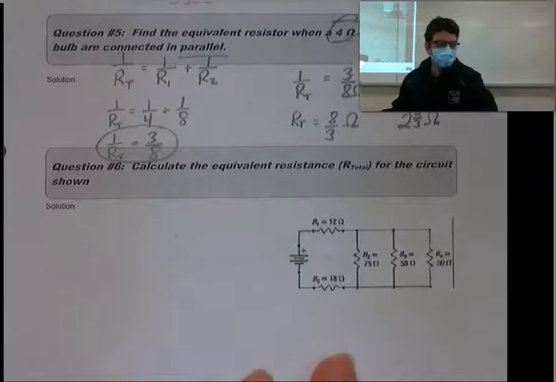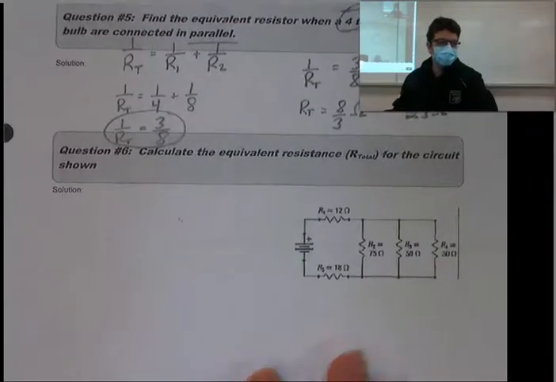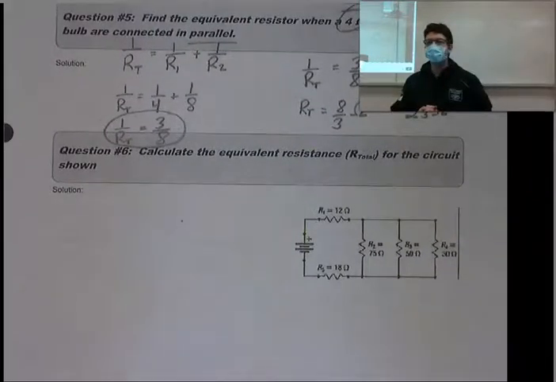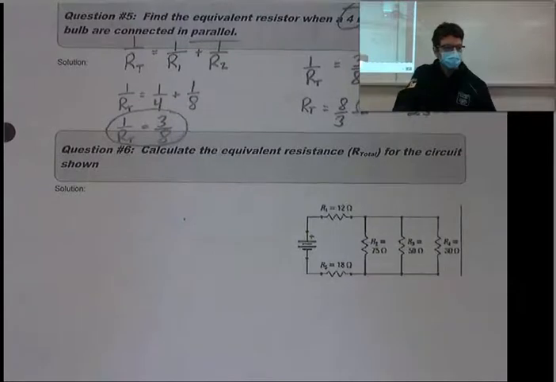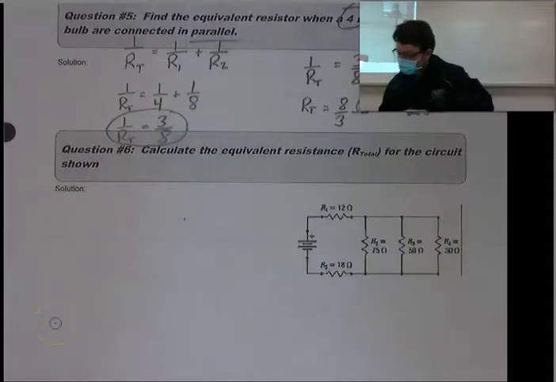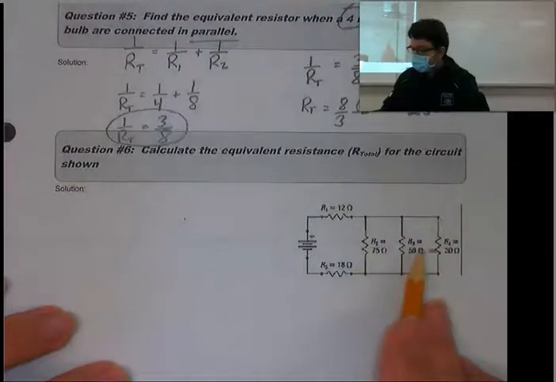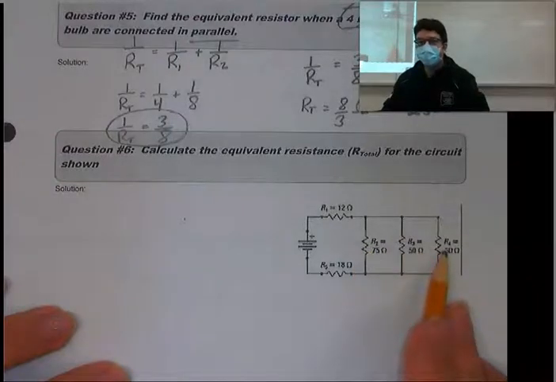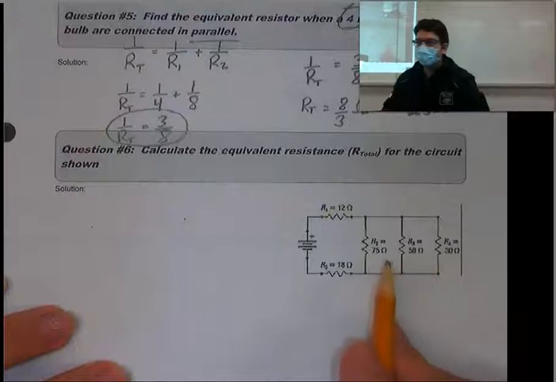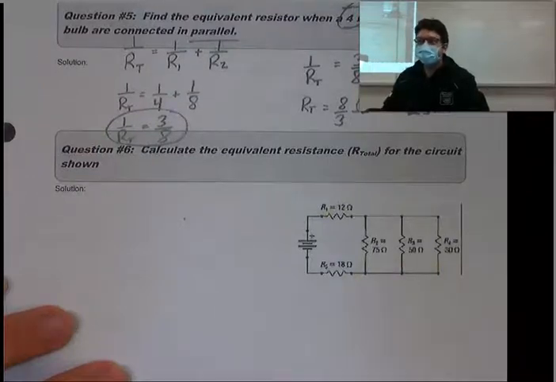All right, so let's move on to question number 6. Question number 6 is a mixed circuit, and we're going to calculate the total resistance. So we're going to have to use both of those laws, the resistance for series circuits and the resistance for parallel circuits. Here we have 3 resistors in parallel. Remember I talked about not necessarily total resistance, but an equivalent resistance.